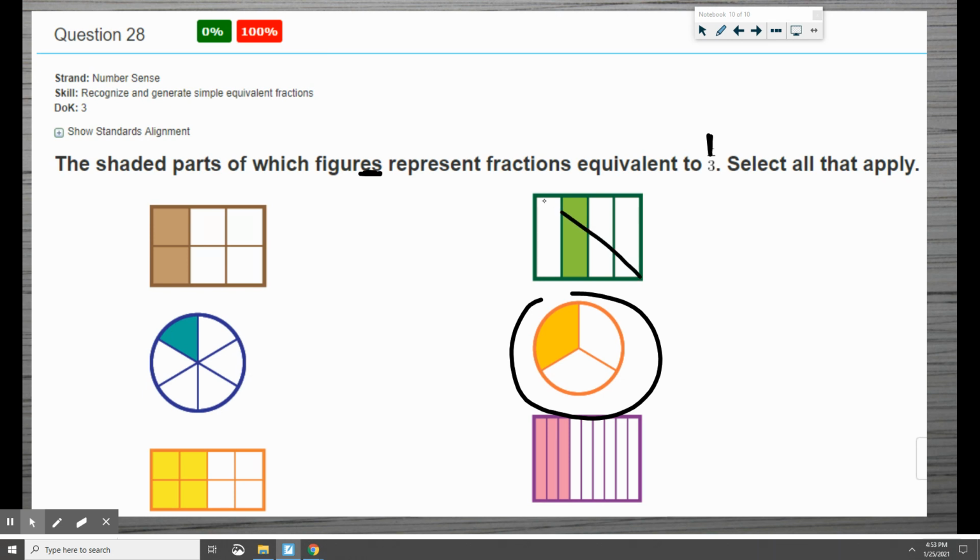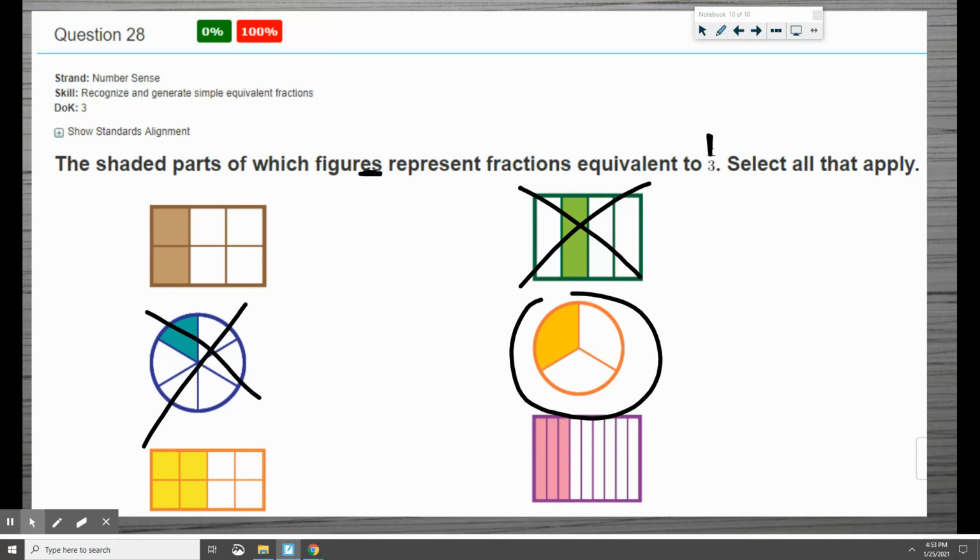So I know it can't be this one because this is 1/4. 1/3 and 1/4 cannot be equal because we're looking at the same whole, and if I'm talking about one piece, my 4ths are going to be smaller than my 3rds. Same thing over here, because I'm looking at 1/6, and 1/6 of the whole cannot be the same as 1/3. One piece of my 6 parts is going to be smaller than 1/3.